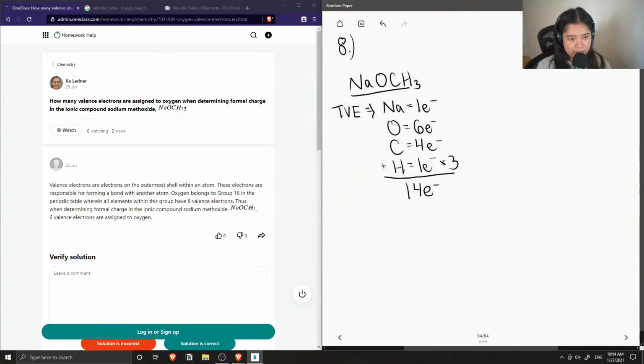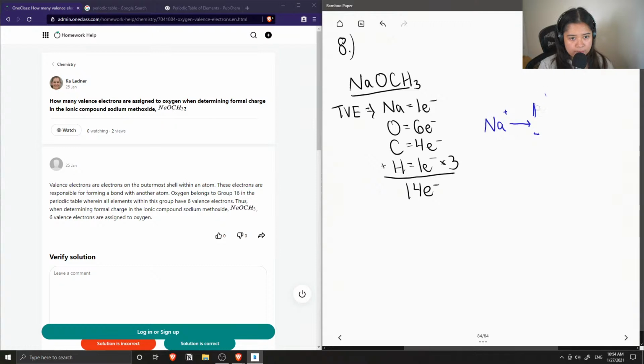So now let's try to draw this structure. We know that sodium will have a positive charge since it gave one of its electrons to this compound here, which contains the oxygen.